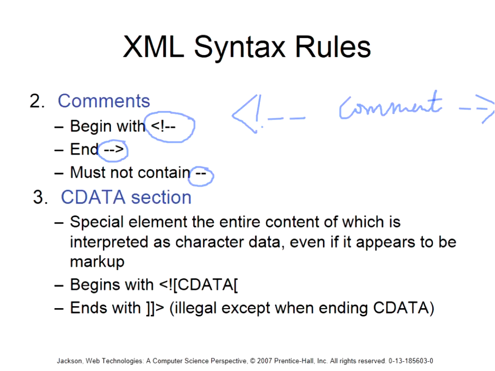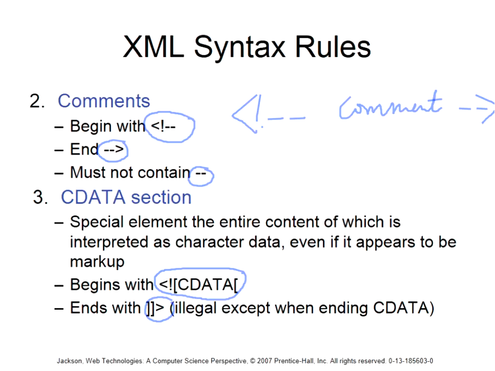And to create a CDATA section, we can write this is the begin of the CDATA section, and this is the end of the CDATA section. So the end sequence is illegal except when ending a CDATA section. Is the CDATA section clear?